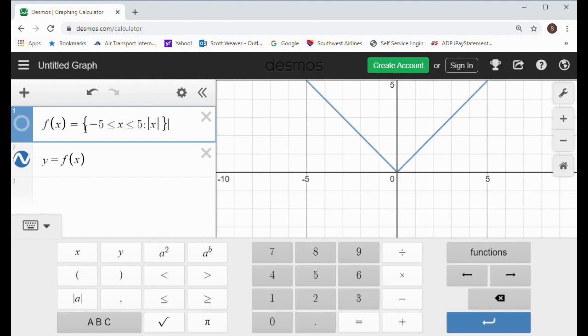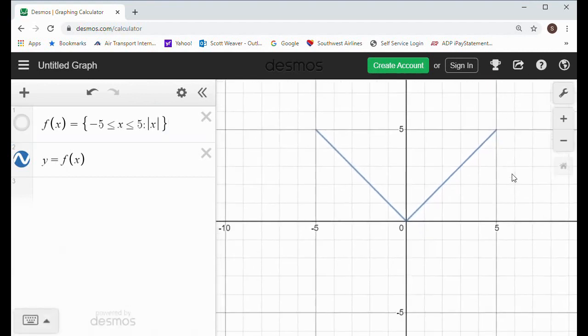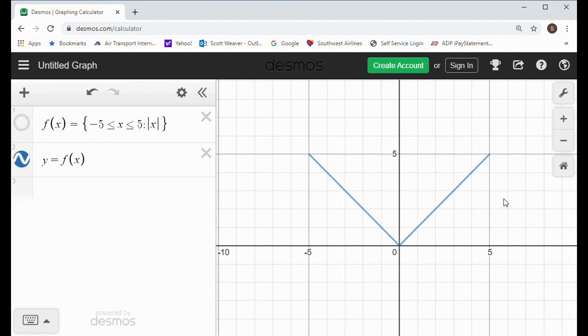And what that does is give you an abbreviated version of the function. So it only gives it from -5 to 5. It's basically a piecewise function that only has one piece.